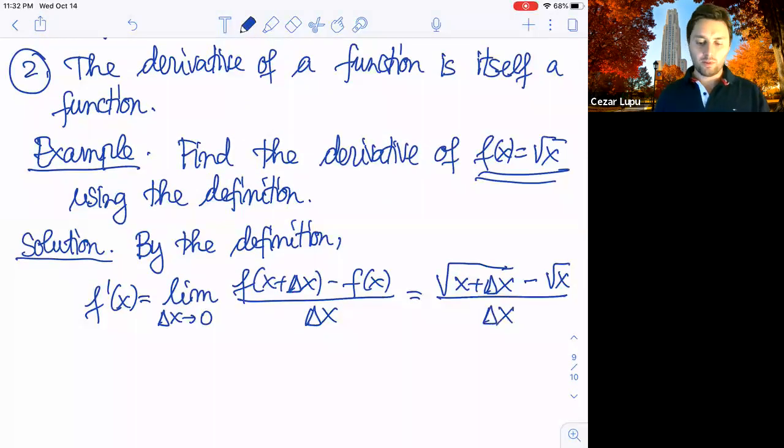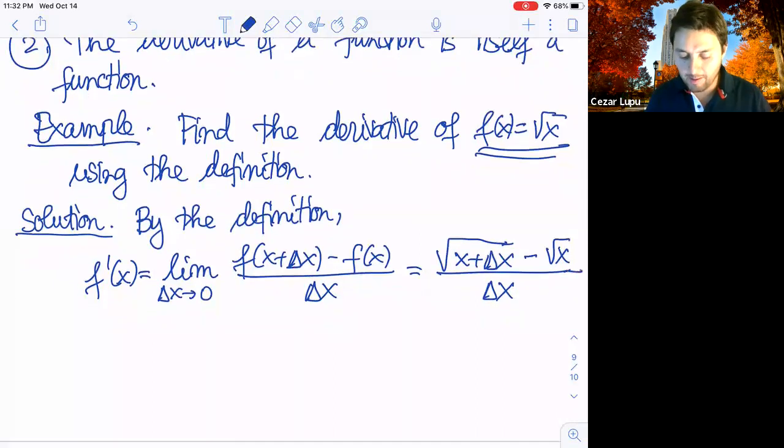Oh, what are we doing here? Well, how should we proceed further with this radical here? As you can see, we have a radical at the top. But remember in the last lecture, when we did those problems with limits and continuity, and at some point we computed the limit of some radicals, right?